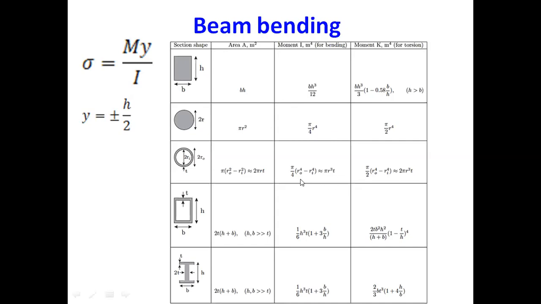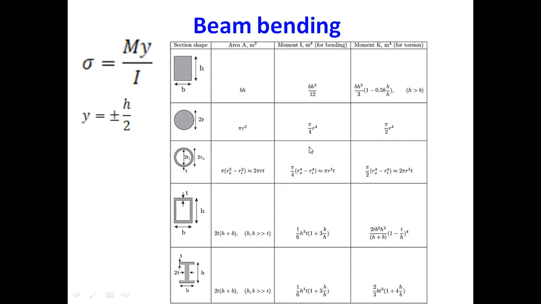This is the I for a hollow shaft or hollow beam. For the rectangular channel, it is 1 by 6 h cubed t times 1 plus 3 b by h, and for the I section, it is 1 by 6 h cubed t times 1 plus 3 b by h.